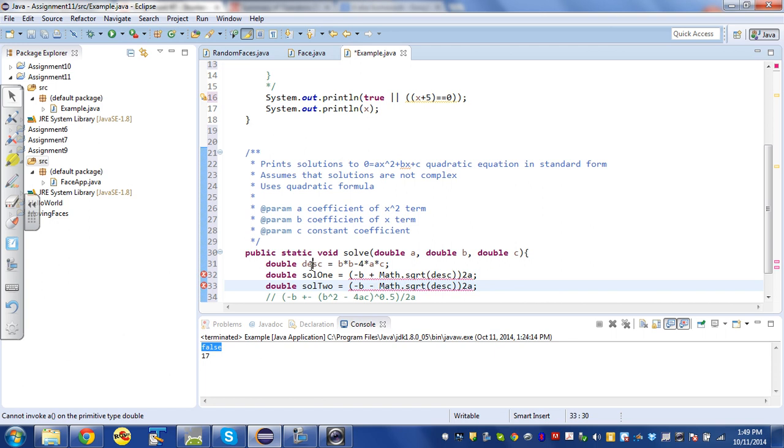We call this the discriminant. Why? Because the square root of a negative number gives us complex numbers, right? You can't take the square root of a negative number. You end up with this whole i thing. What's this thing complaining about now? Cannot invoke a primitive type double.